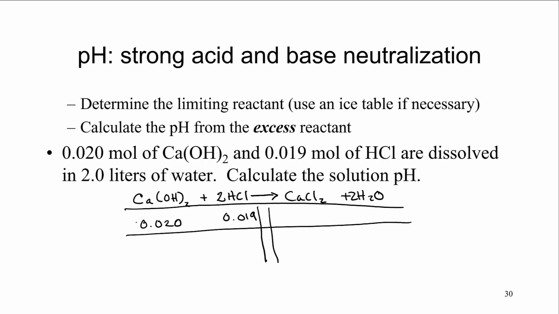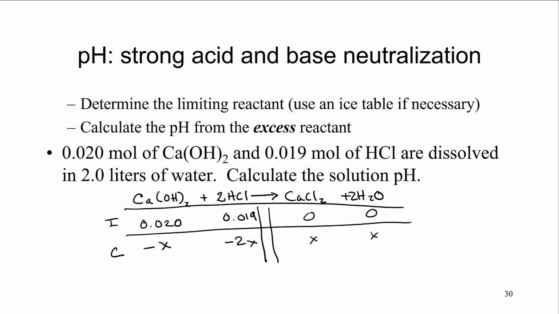This is my initial, this will be my change, right? I'm going to go down by x here, and I'll go down by 2x here, and I'm really only interested in the reactants because I'm wanting the pH. I just need to know how much hydroxide and how much hydronium is left in the solution. The products don't really interest me in this calculation, but if you were to fill this out, you would be going 0, 0, x, and x.